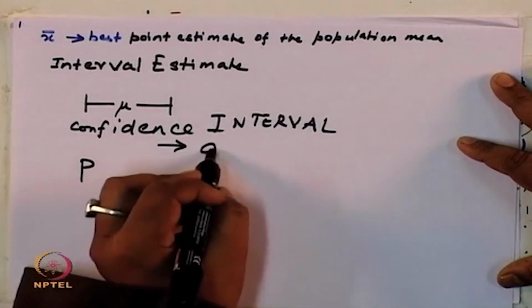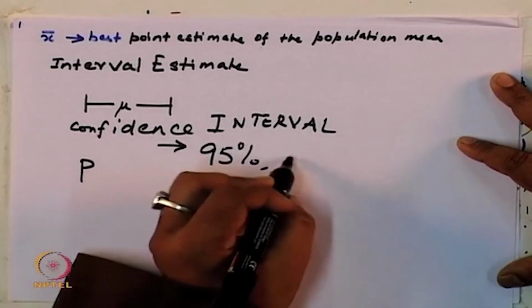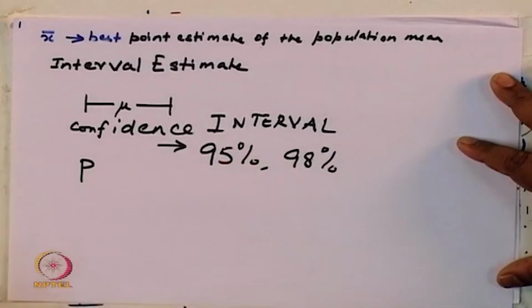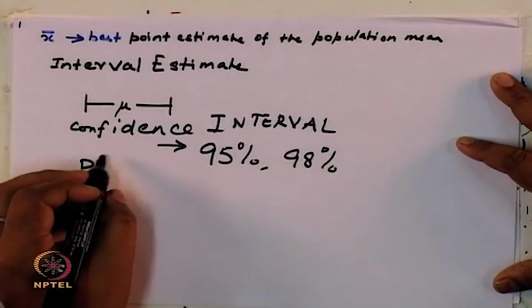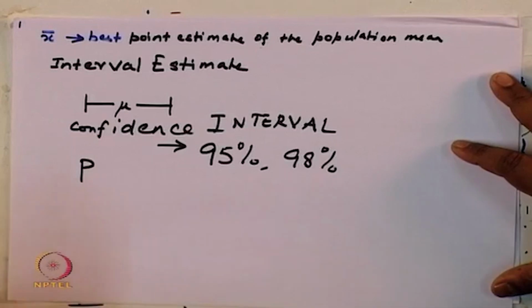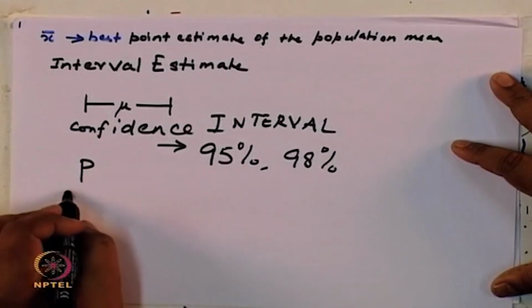To do this, we can prescribe the confidence level, let us say 95% or 98% or any percentage for that matter. And how do we find the confidence interval? Let us say you want the confidence interval for 95%.